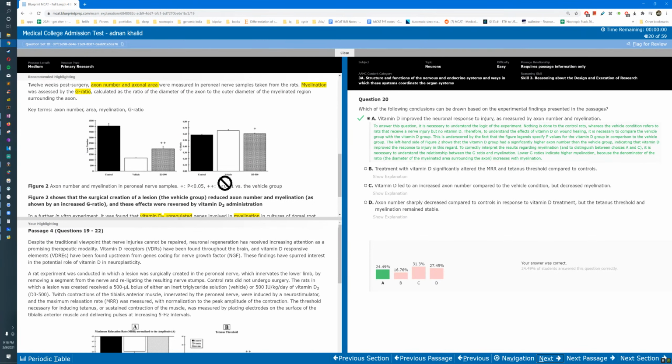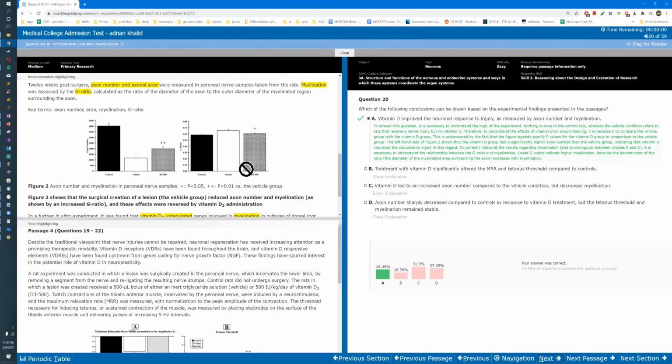Okay, this is where I looked at axon number and myelination, and the G ratio is inversely proportional to myelination, by the way. So here we have axon number. We're comparing it to the control that hasn't been injured.